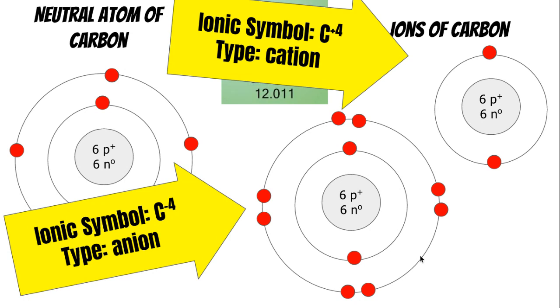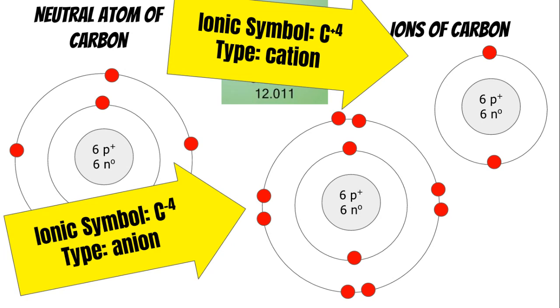So this one has an ionic symbol of C-4 because you have 6 protons and now 10 electrons. And we call this an anion because this way I have more electrons than I do protons. Okay, so these ones are special where they can go either way, but for the most part, most of them can only go one way or the other based on how many electrons you have to add or subtract.